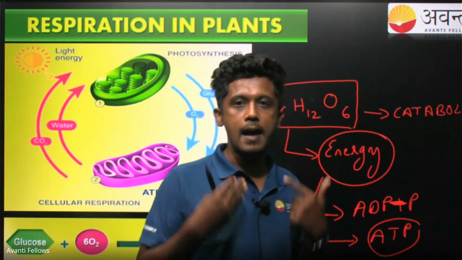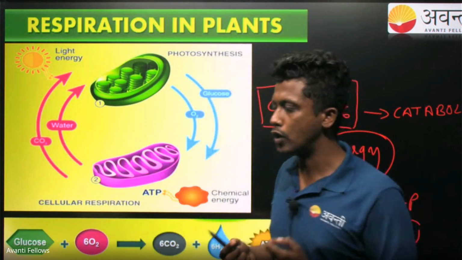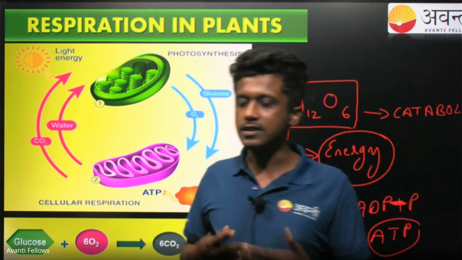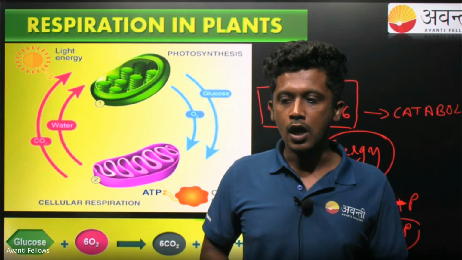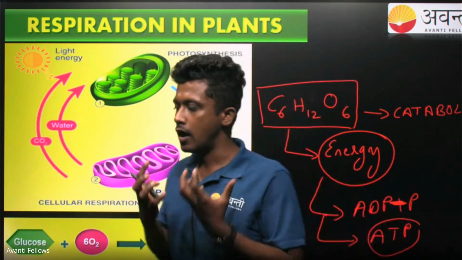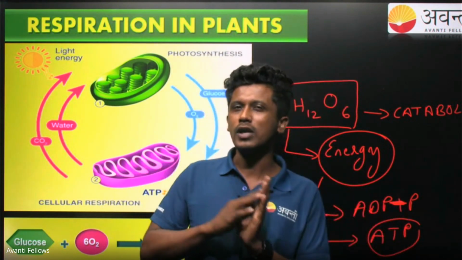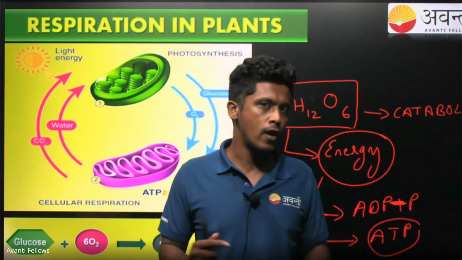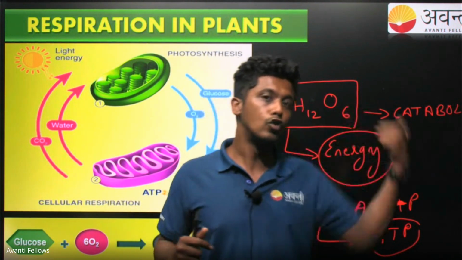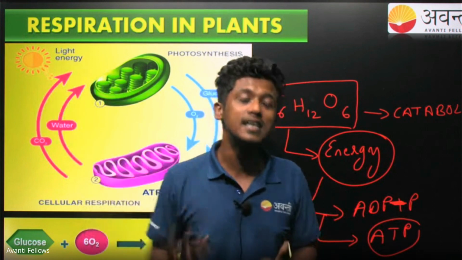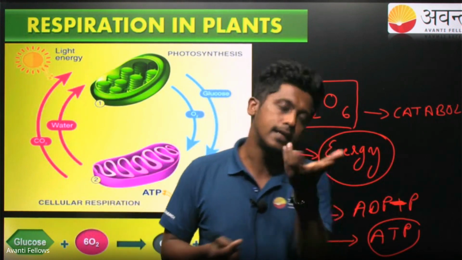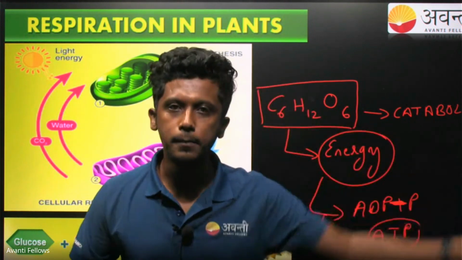The leaves are embedded with minute pores, which we call stomata, which help in gaseous exchange. So the leaves are very efficient for producing glucose as well as getting the gas they need for the following processes.